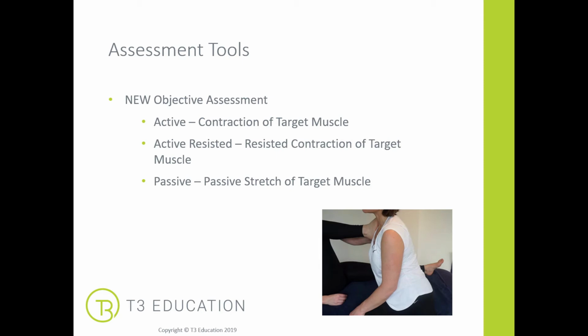And 3, a passive stretch. For each of these tests, we're going to ask our client if they feel pain, and if they do, when do they feel that pain? For example, on initiation of the movement or contraction, or at end of range, and where. And those 3 pieces of information are going to help us understand the pain behaviours and therefore what tissues may be involved.